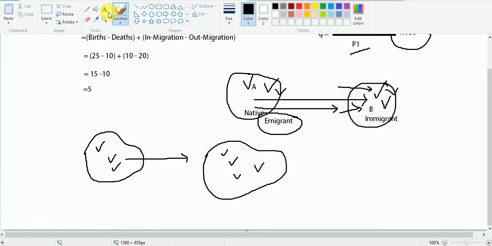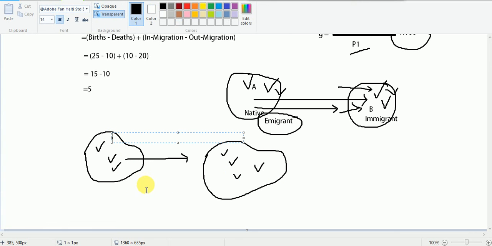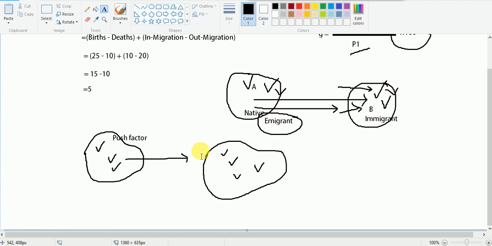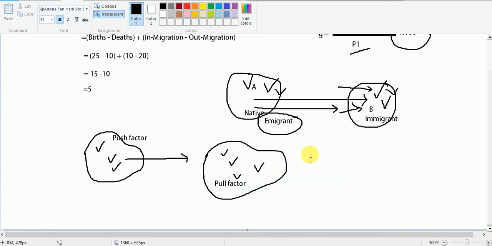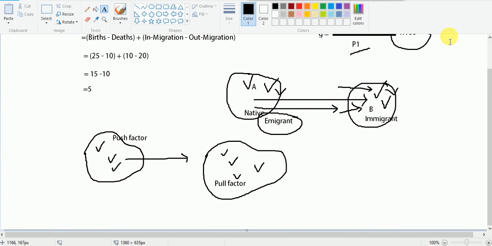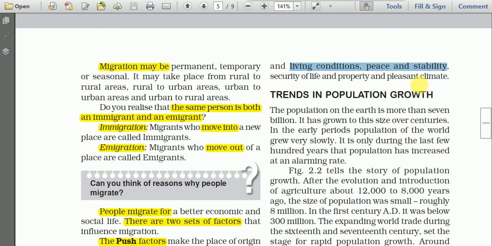And because of the push factor, people will move out of the country, and because of the pull factor, people will be pulled towards this country. And because of this, people are migrating.